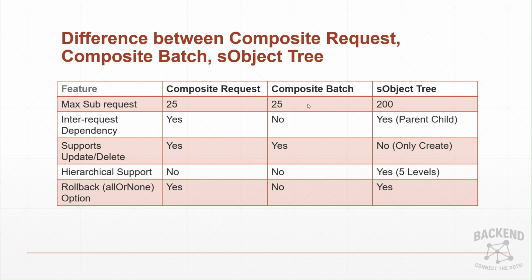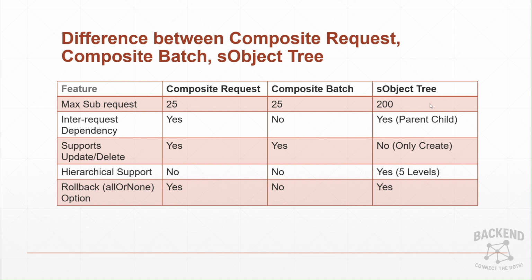The batch is the same, 25 sub operations. But the main difference is that a batch sub request cannot be dependent on another sub request, whereas in a composite request, you can refer to other sub requests and they can be dependent on each other.